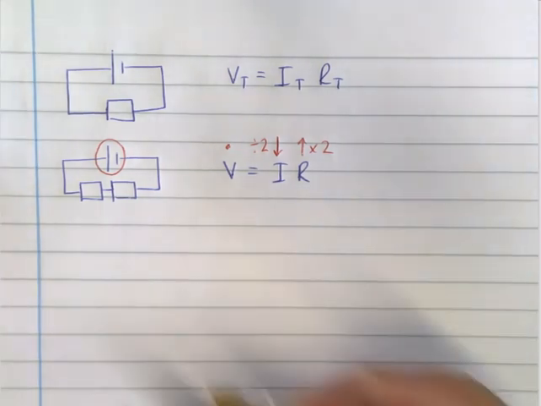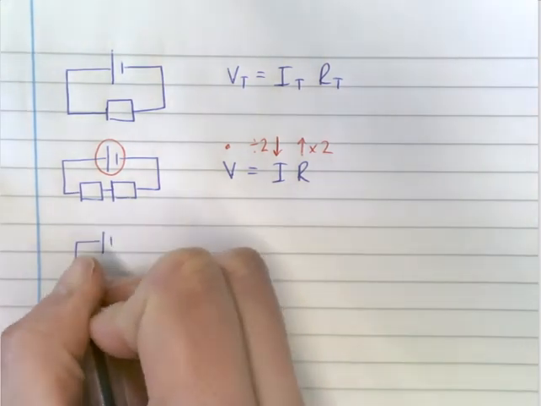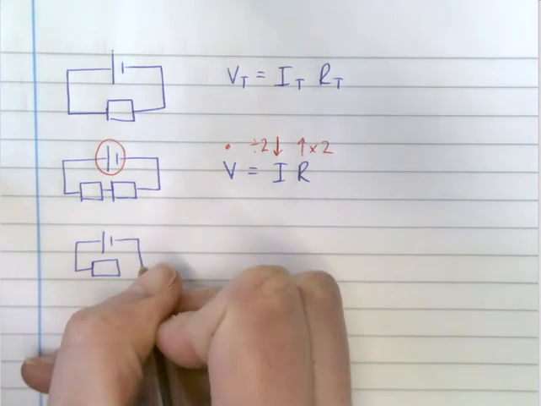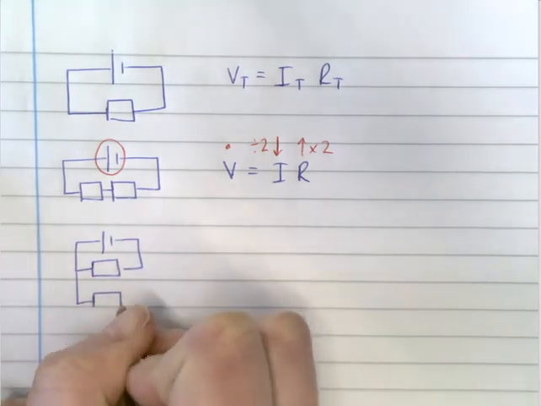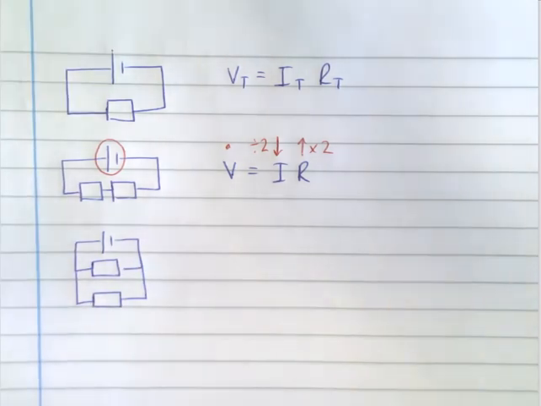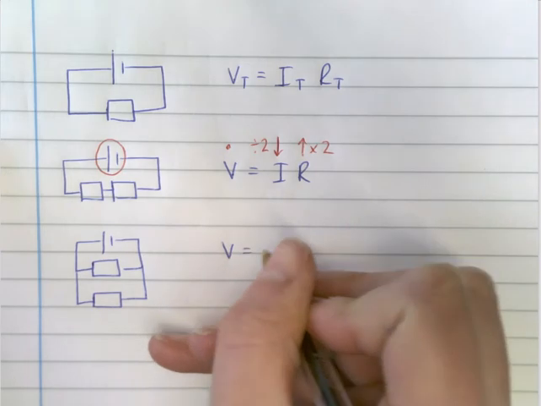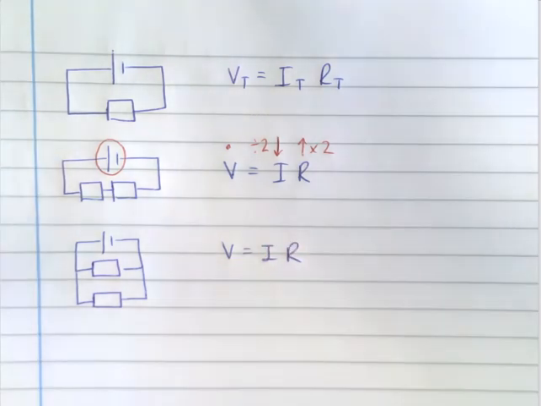Now, how about if instead I add that resistor in parallel? Well, if I add resistors in parallel, I decrease the resistance of the circuit because I'm giving the electrons more paths to choose and more ways to travel, and that allows them to travel more easily because there's less of them going through each component.